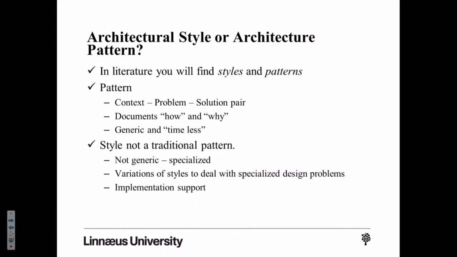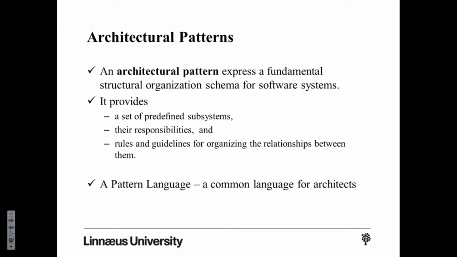So an architectural pattern is a structural organization schema for your software systems. It provides a set of predefined subsystems, but what you should think of here is predefined in the sense of responsibility. They are responsible for something.